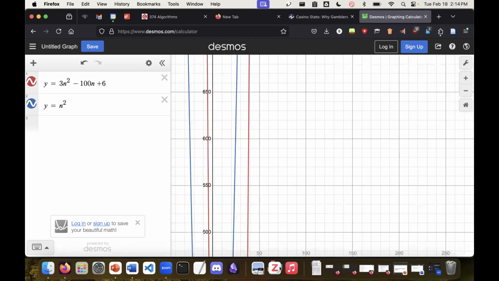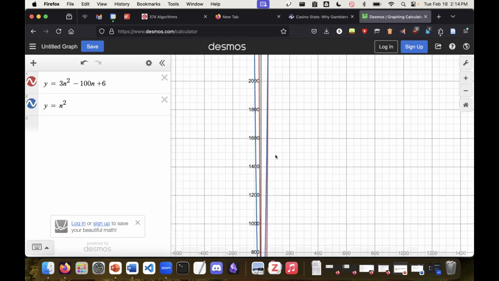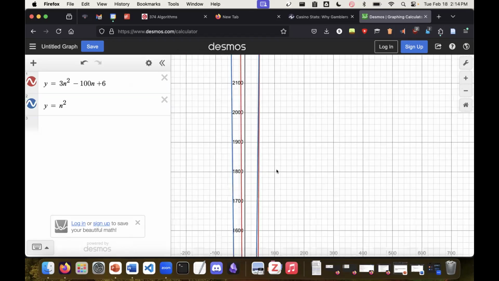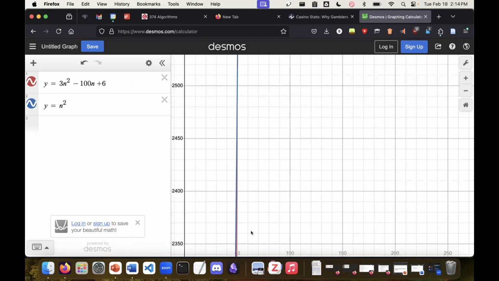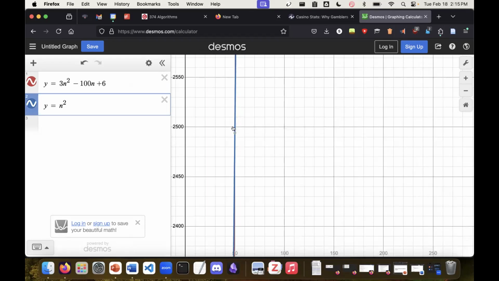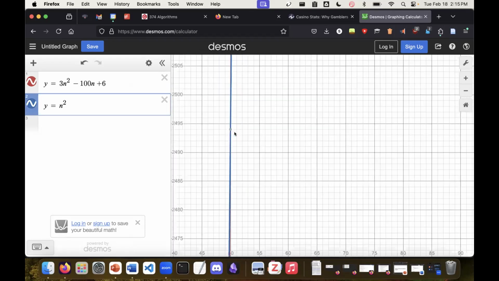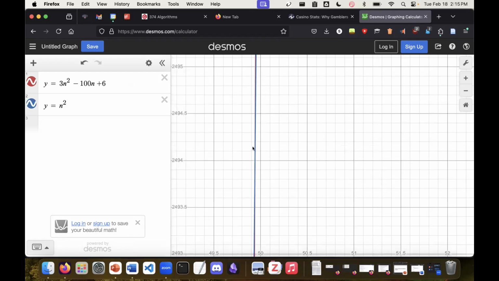But if we go, let me zoom out for a bit. There's a point where they cross, right? So I think this might be the point where they actually cross. Somewhere around here. We're around x equals 50, then it changes.